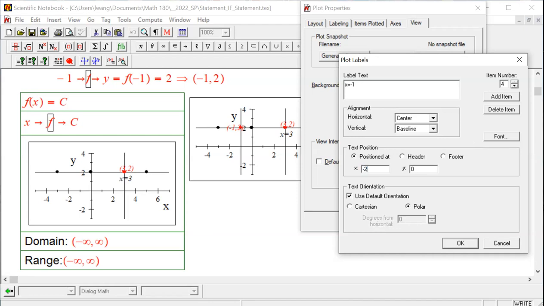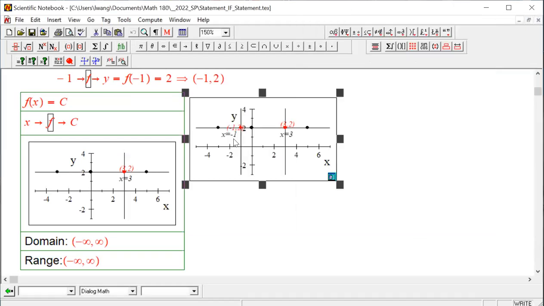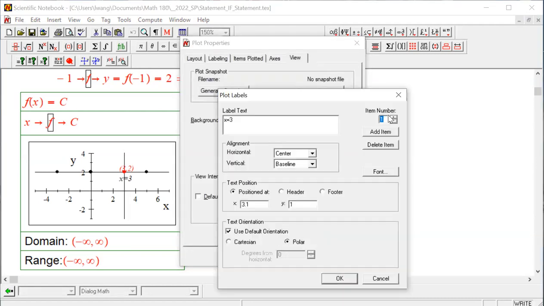Right here, x equals -1. I can bring it a little bit closer to the line.